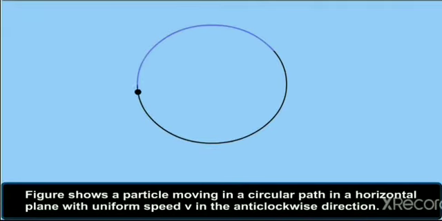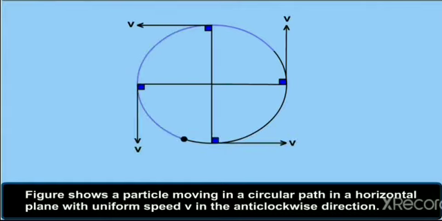Direction of velocity at any instant in a circular path. The figure shows a particle moving in a circular path in a horizontal plane with uniform speed v in the anti-clockwise direction.